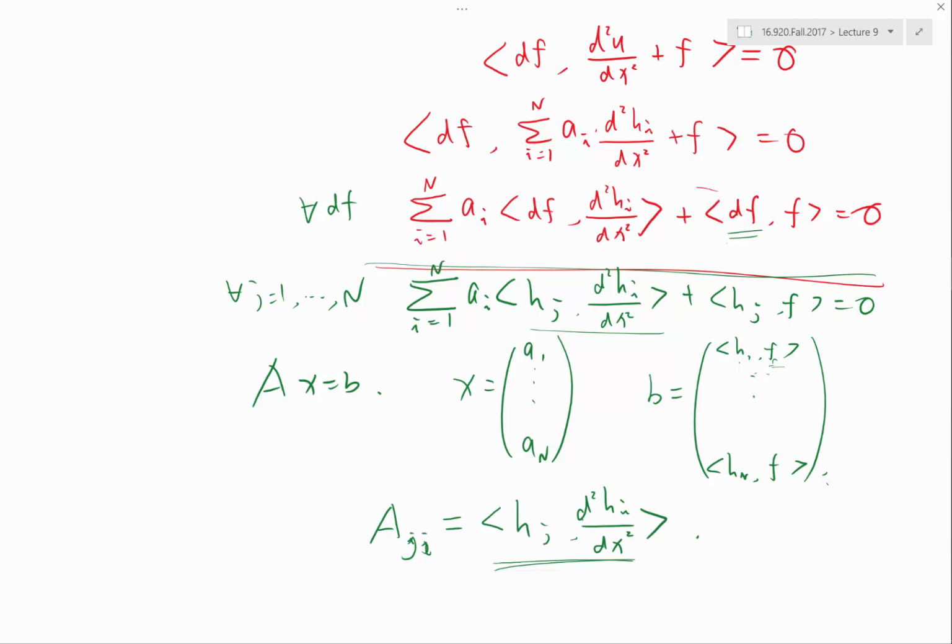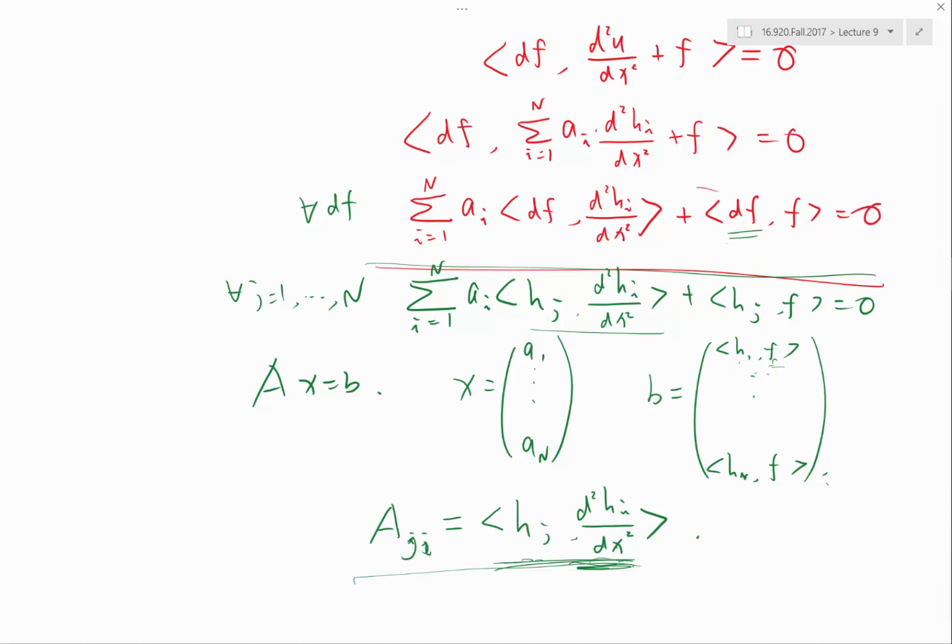The hat functions' second order derivatives are basically 0 everywhere except for the kinks, right? So I get basically 3 delta functions on this second order derivative, and these are going to be multiplied with a different hat function and integrated. So these are going to be my matrix, and then I do Ax equal to b.